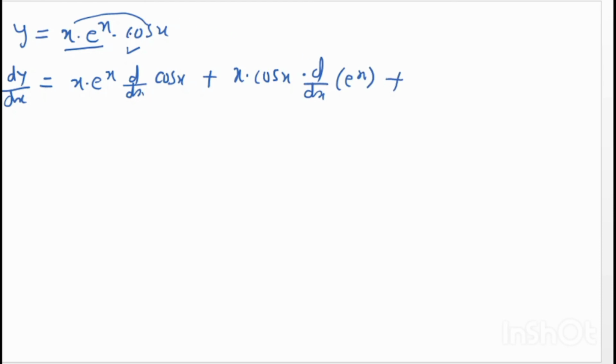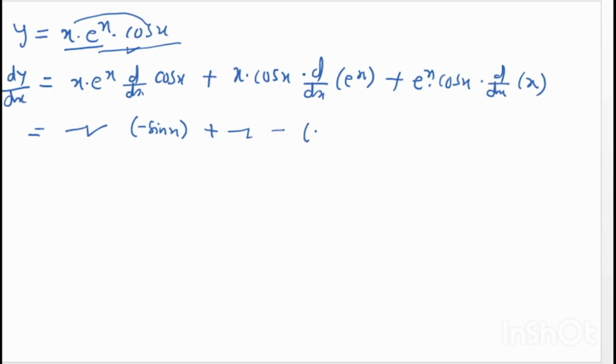And for the last, write down e raised to x and cos x as it is and take the derivative of the first term, that is d by dx of x. So what we get as the final answer: x into e raised to x as it is, derivative of cos x that is minus sin x, very simple, plus x into cos x as it is, derivative of e raised to x that is e raised to x, plus e raised to x and cos x as it is, and the derivative of x is 1.